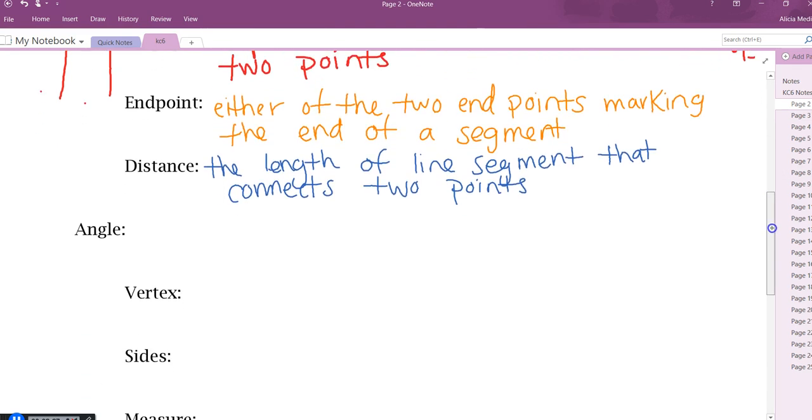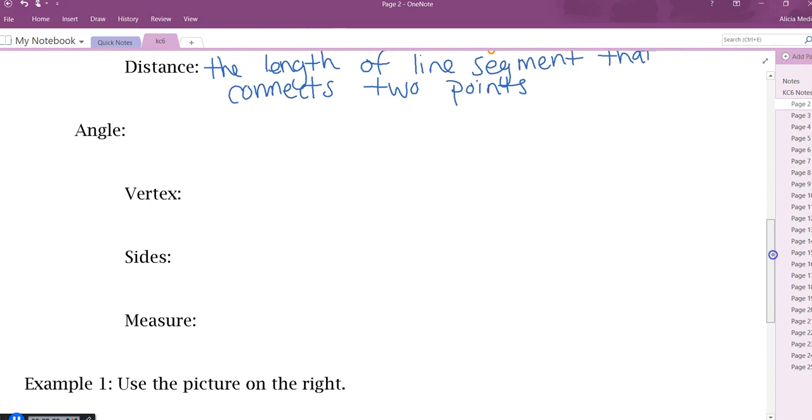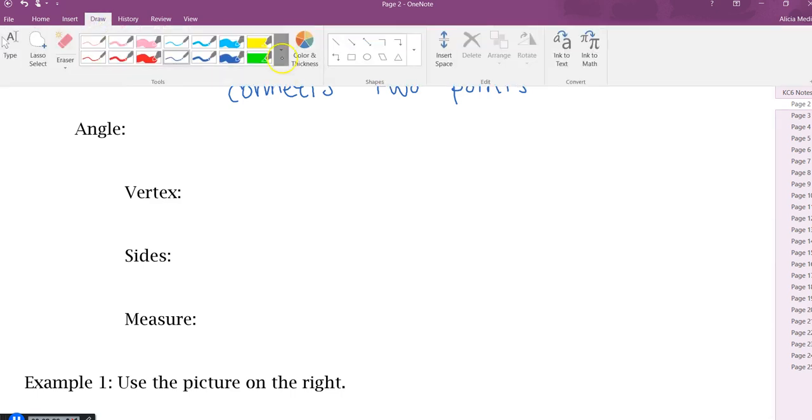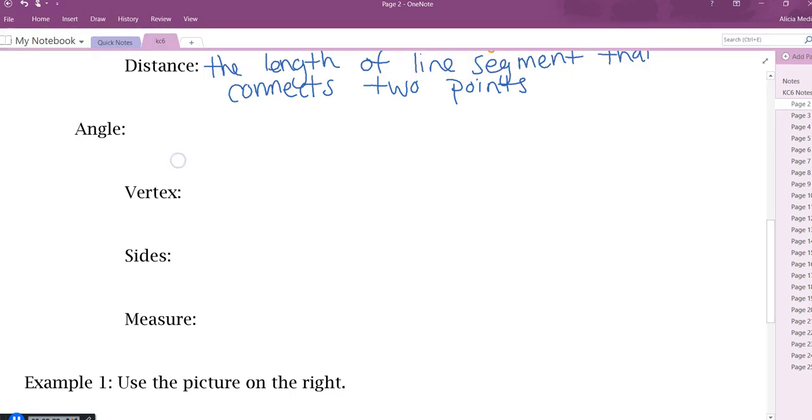When we have angle, so angle, vertex, side, and measure kind of all go together. So if I have an angle, switch up my color again, let's go purple.